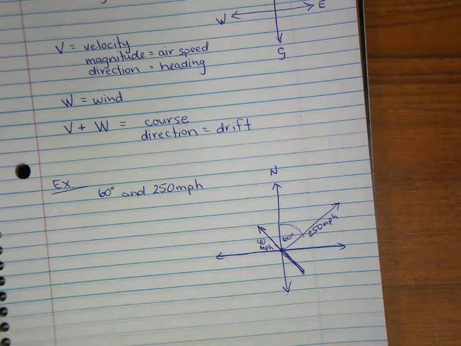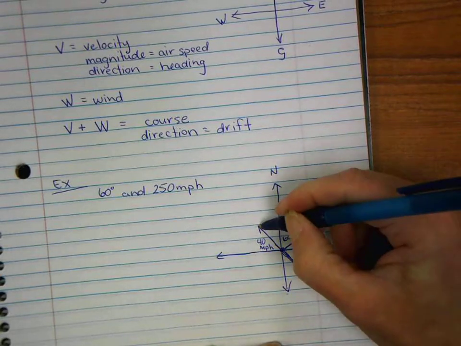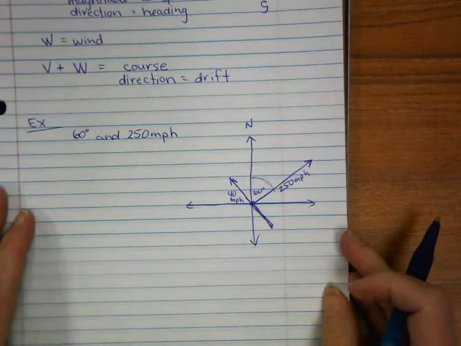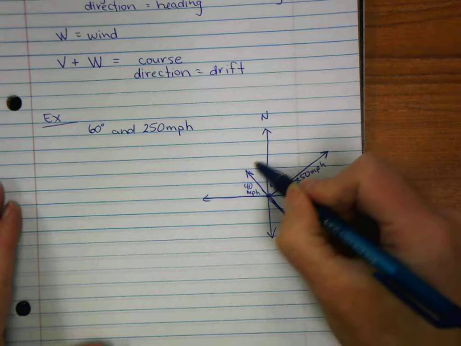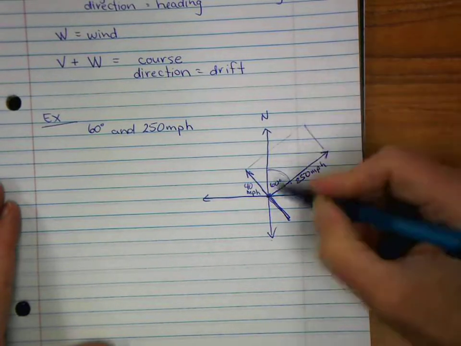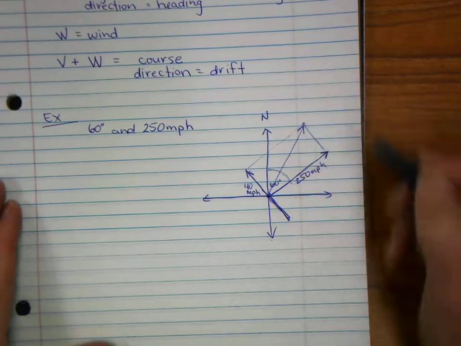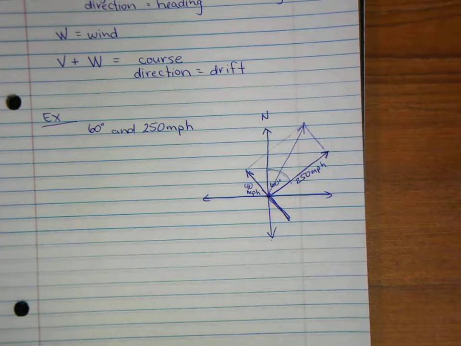Okay, so we have one vector here, we have one vector here. We can use our rule of parallelograms to find our resultant vector. So our resultant vector is right there. We can draw the picture and see where it should be. But let's go ahead and calculate this.